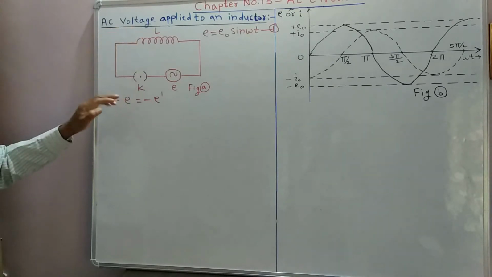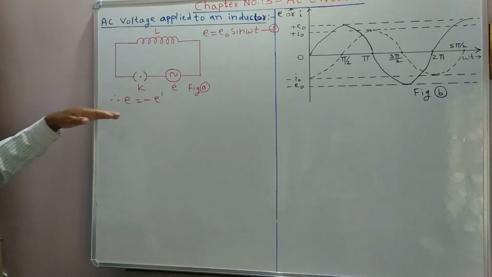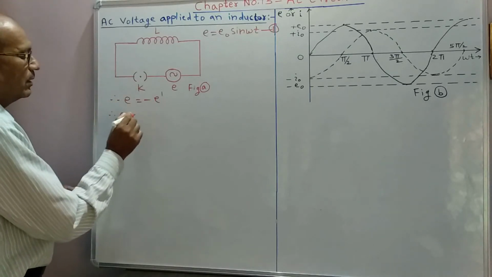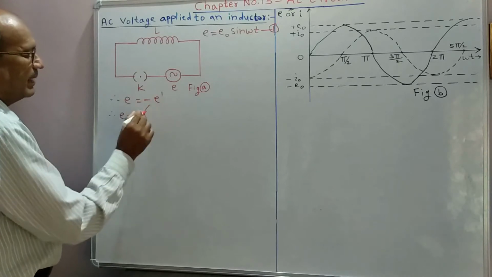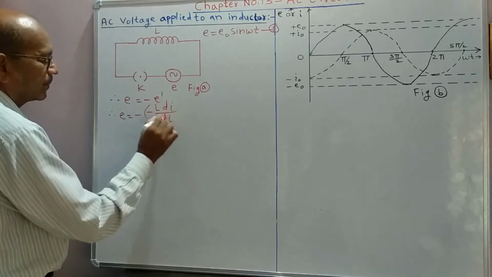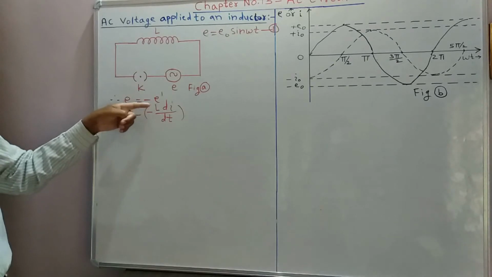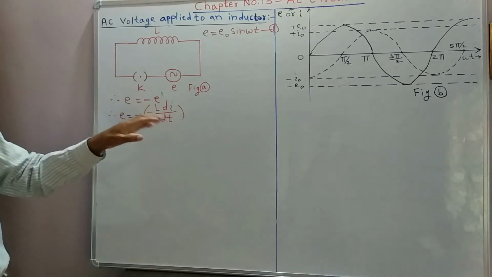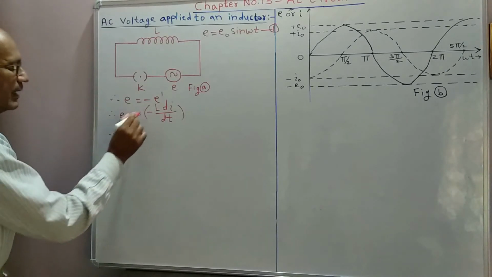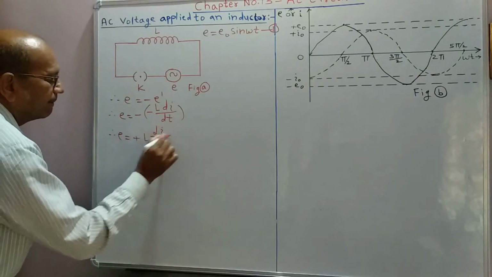Since E dash is equal to minus L di by dt according to the concept of self-inductance, therefore, E is equal to plus L di by dt.